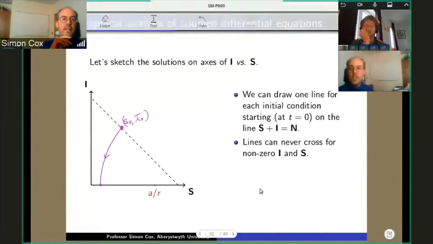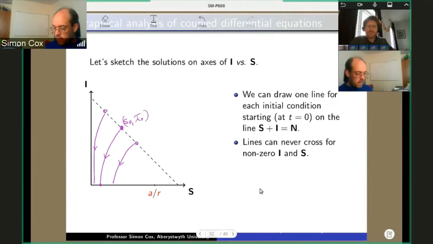And eventually I end on the axis with S non-zero, but I does go to 0. This is good news, right? As time progresses, the number of infected individuals in this model will go to 0. And so I can choose a range of initial conditions on this diagonal line, and they'll all do something similar.